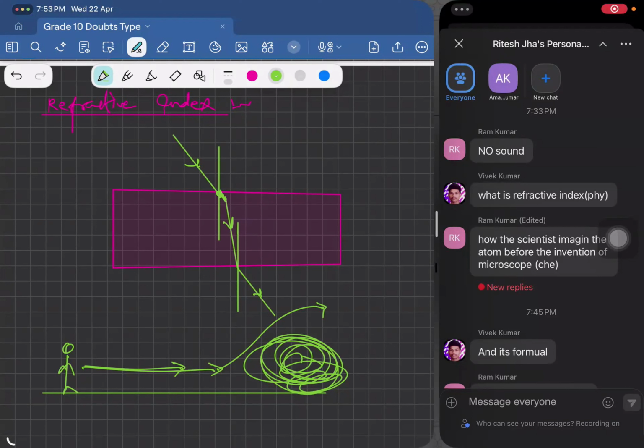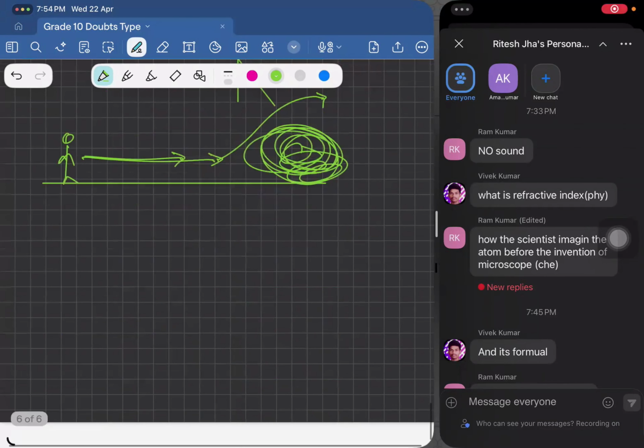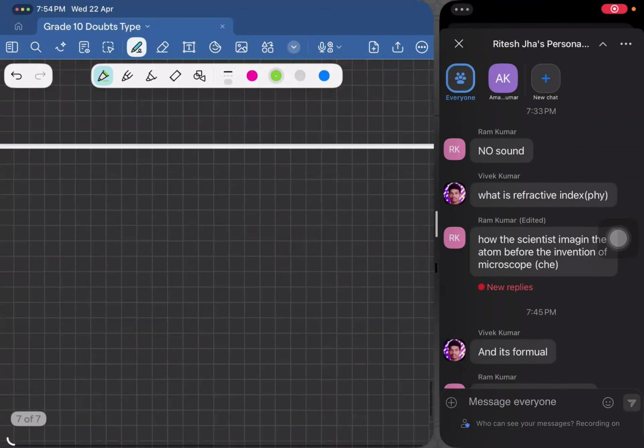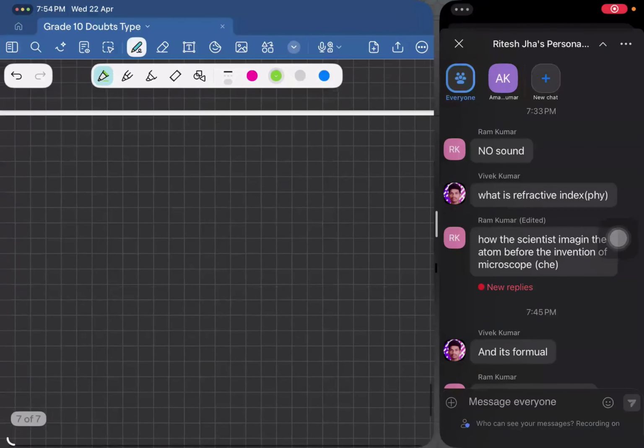Suppose I'm going from one medium to another medium. It may bend like this. So there is an incident ray and then there is a refracted ray.